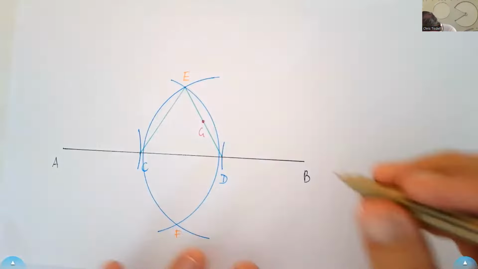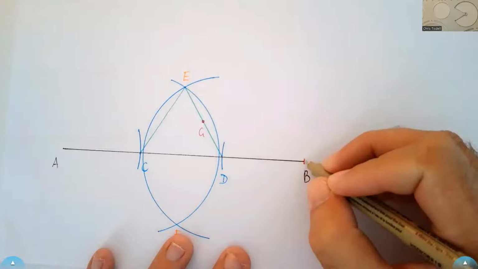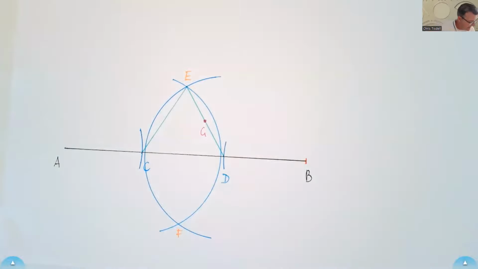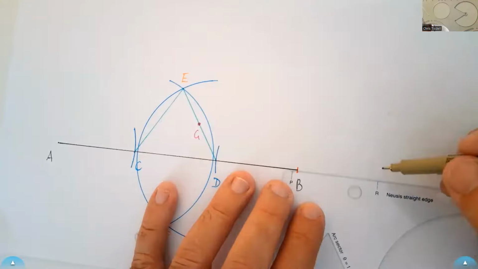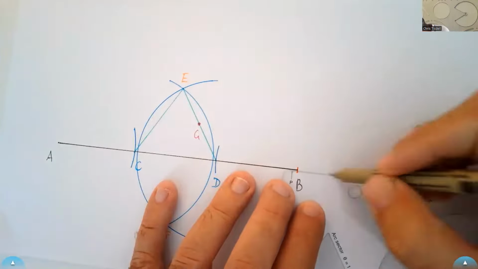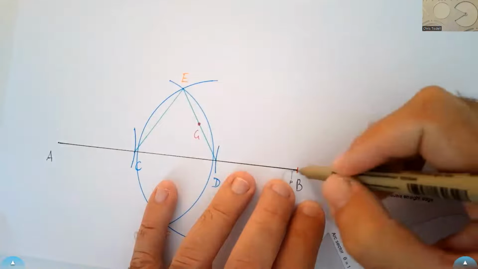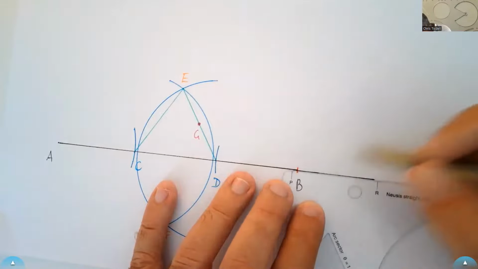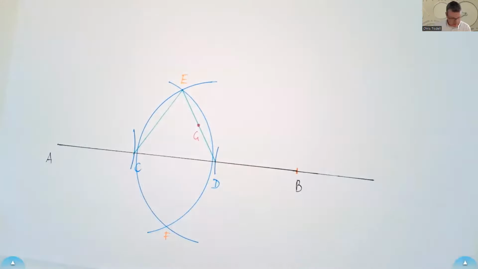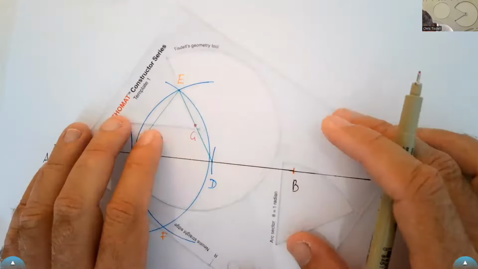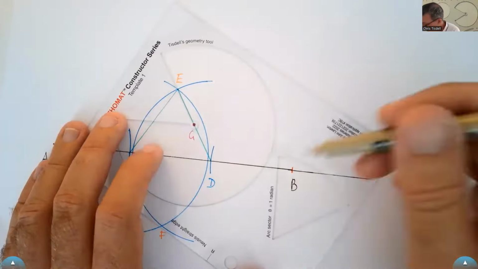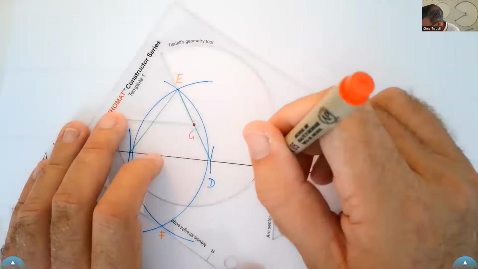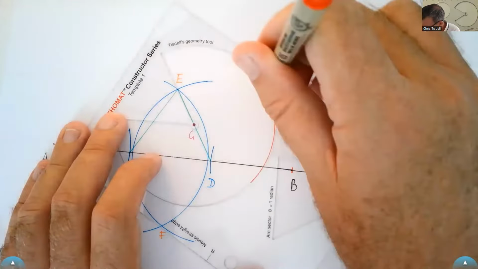Now, before I do that, I'm just going to extend the line AB a little bit, just to make sure we get some intersections. Okay, that should work. All right, so center at G. Let's make sure the circle arc template crosses AB at one point.